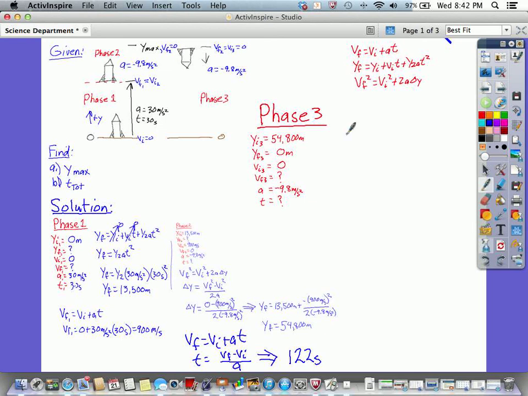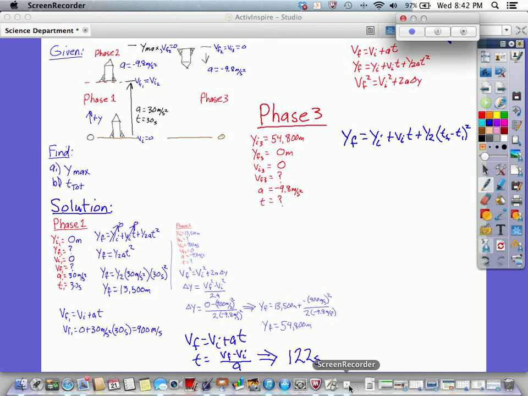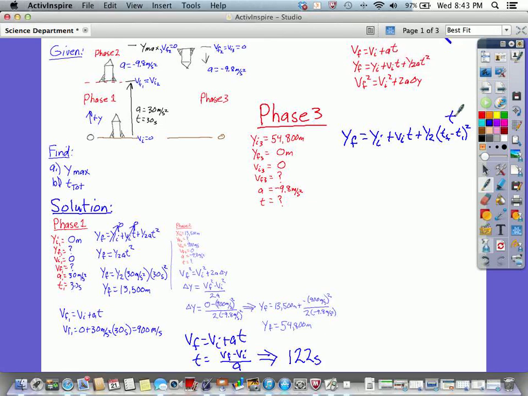So what I have is y final equals y initial plus v initial times time plus 1/2 a, and I'm going to say t final minus t initial, squared. Or we could just call that t. Either one works out.